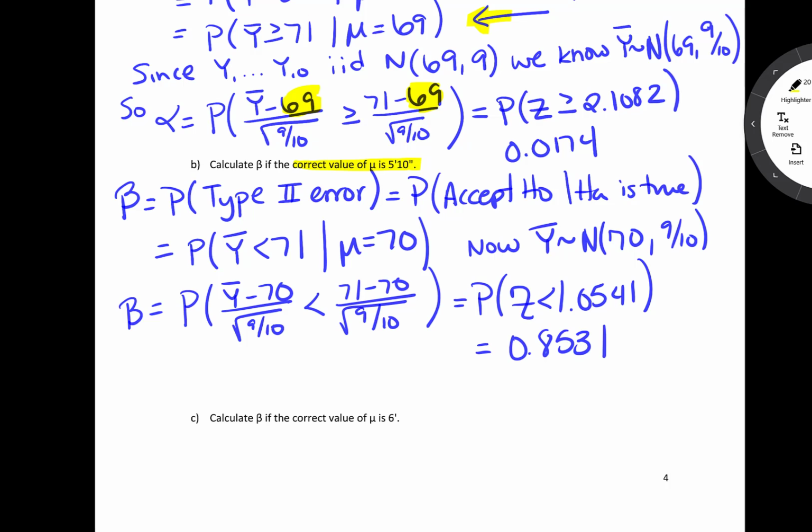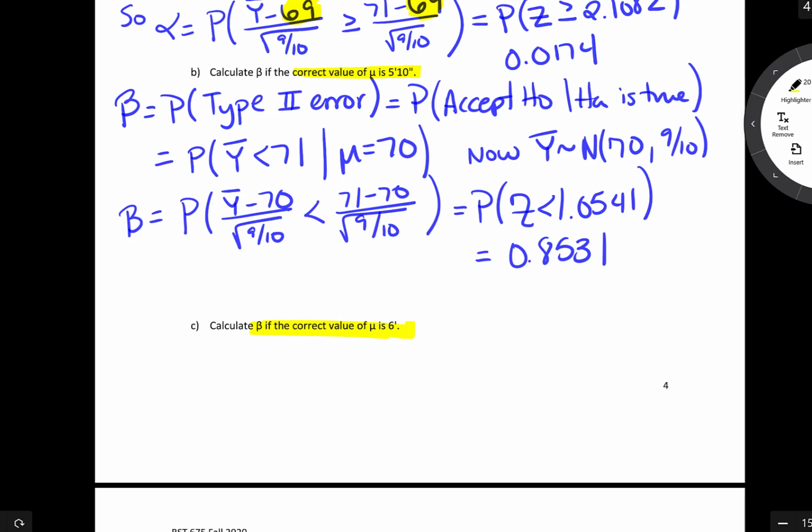So what would happen to beta if we choose a true value that's actually further out in the alternative hypothesis? So in other words, what if we look at the true value mu equal to 6 foot? So you would do the exact same process, and I'll leave you to confirm that you get the same thing, but using the standardization technique, we would end up with the following.